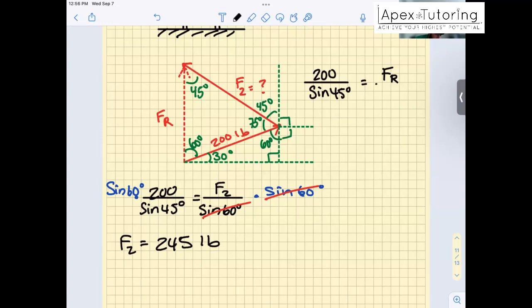What do you get for FR? 273.2 or 273. Units? Pounds.